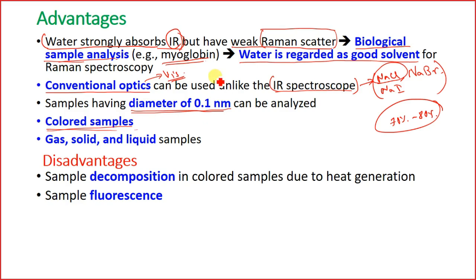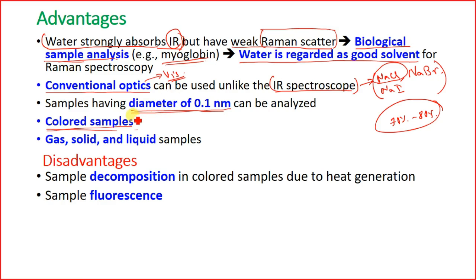Then we can also analyze colored samples. In IR radiation, what happens? Some of the samples, if they are colored, may absorb the IR radiation and heat up, which may destroy the sample. However, in Raman spectroscopy, it is not the case.